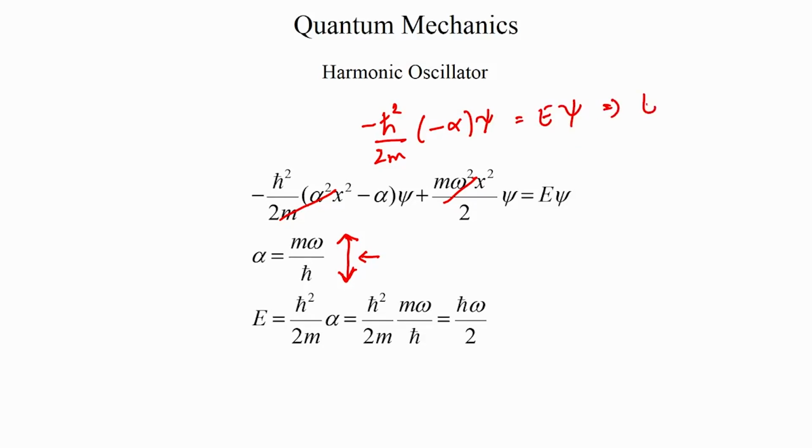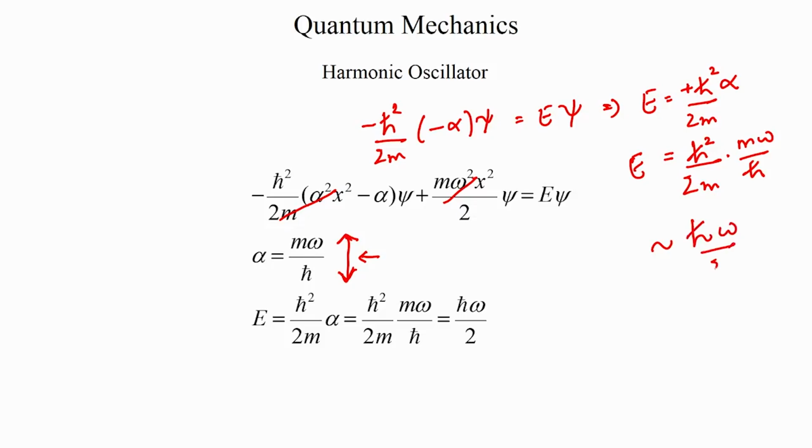This implies my energy is minus h bar square by 2m into minus alpha, which is h bar square by 2m into alpha, and using the value of alpha you have h bar square by 2m into m omega by h bar is my total energy, which is equivalent to h bar omega by 2.